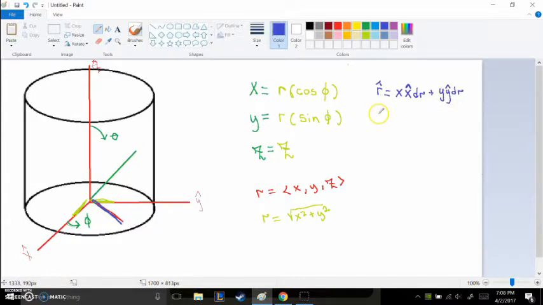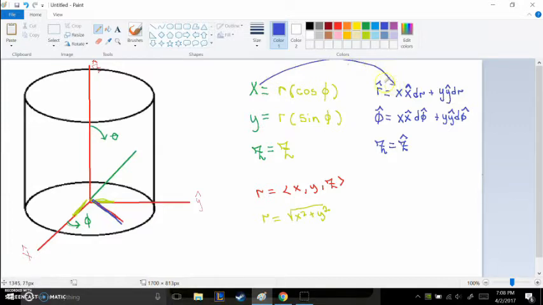Then we're going to have a phi direction, so it's going to be x in the x direction, derivative of phi. Similarly, we have the y parts with the derivative of phi, and we previously said that z is just going to be the z direction. Alright, so plug in and derive.